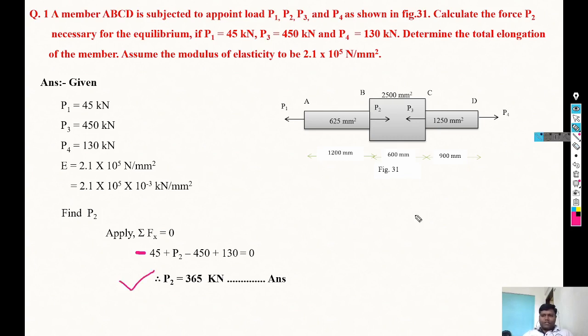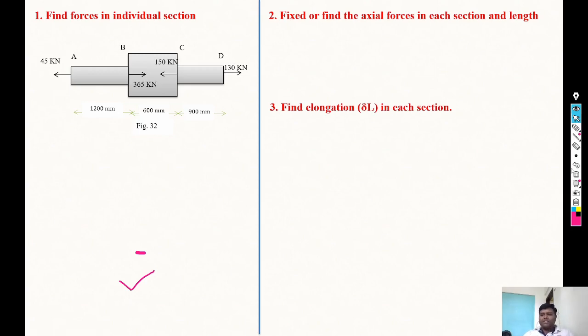Okay, so now next, just consider the section one by one and calculate the individual forces in each section. In general, just consider section at B. Now see, A and D both points are free, so you can start your calculation from left to right or right to left. But as we discussed in previous video, we are using the same method for all types of numericals.